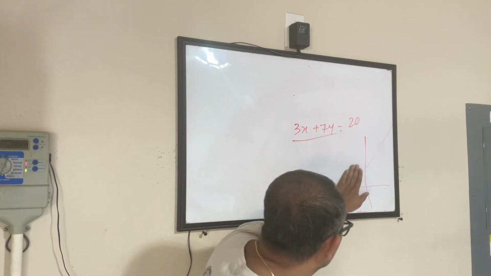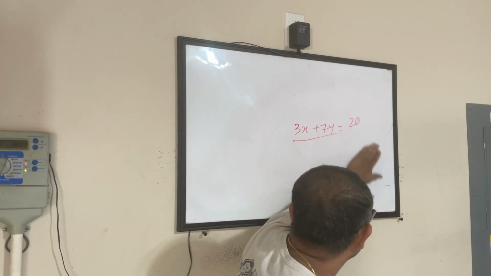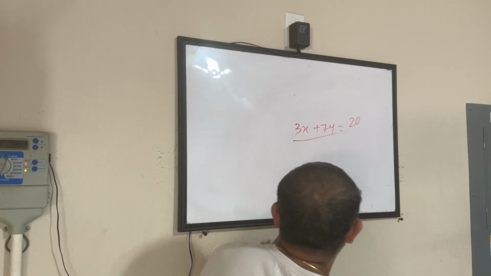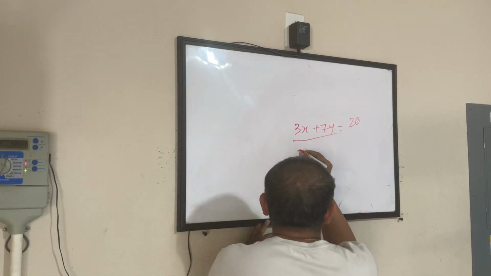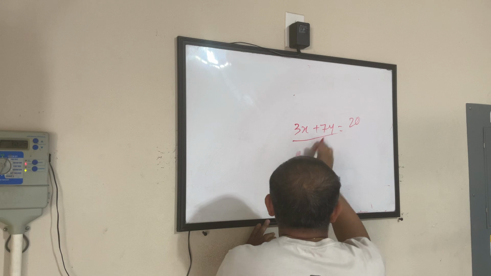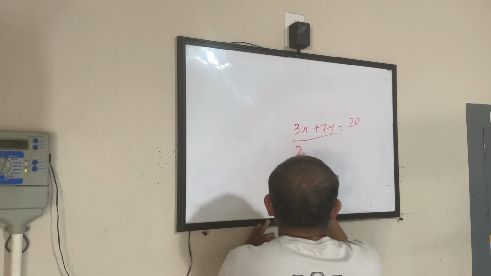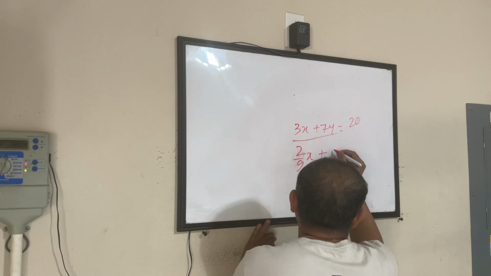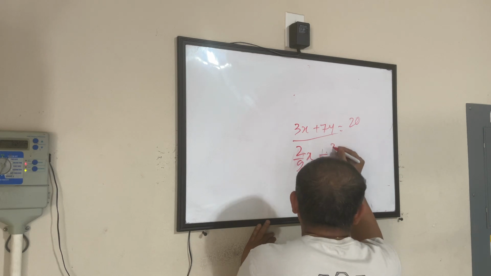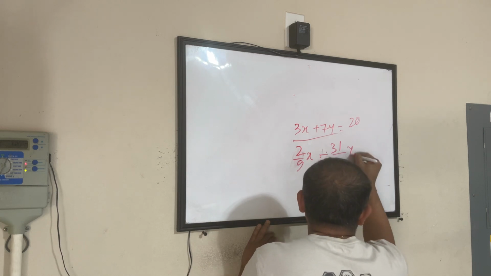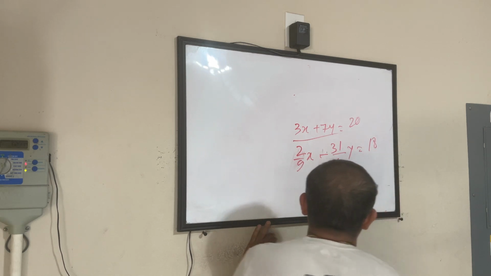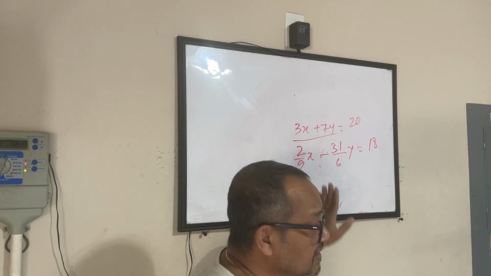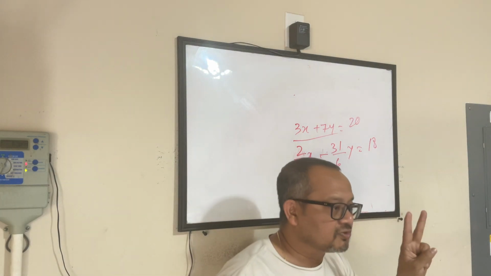Now, to make it easy, we need to find another equation, let's say 2 by 9x, that doesn't matter, minus 1 by 6y, equal to 18. That's fine. I just need two equations to solve for two variables.